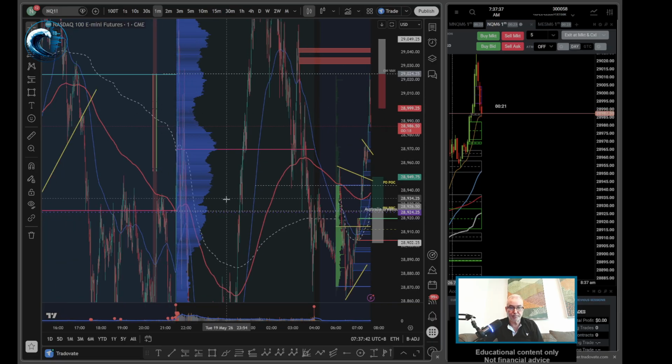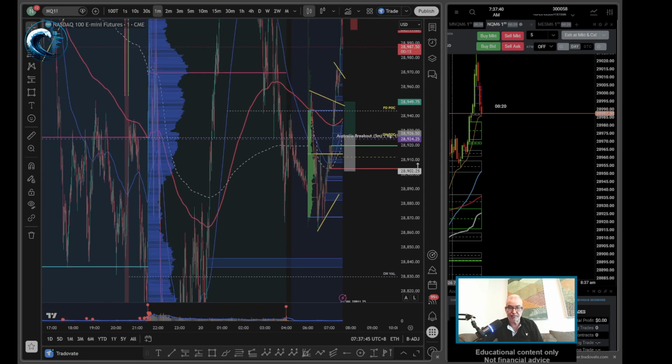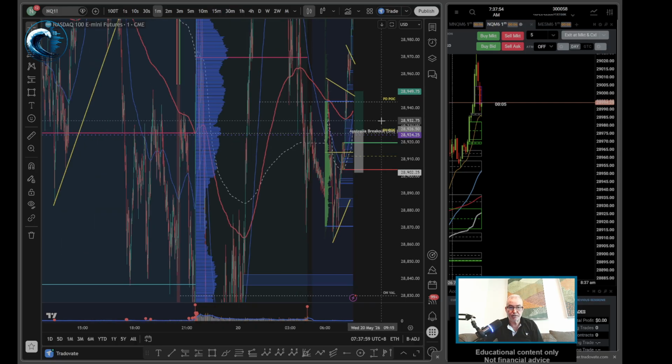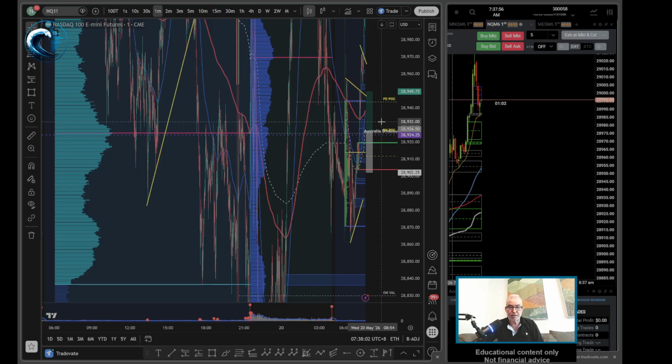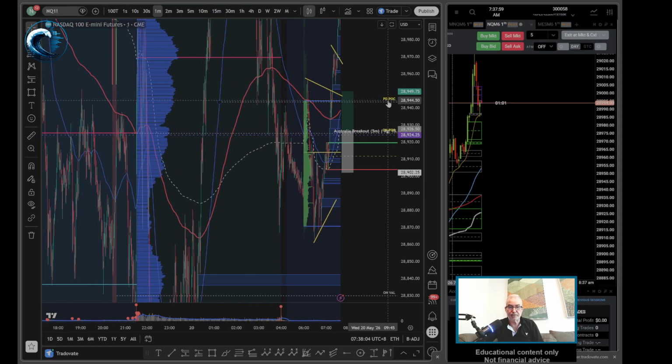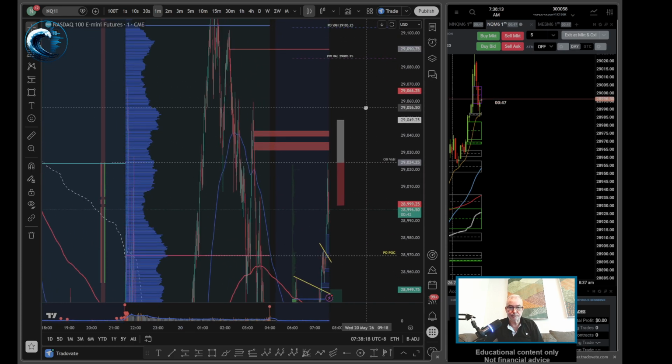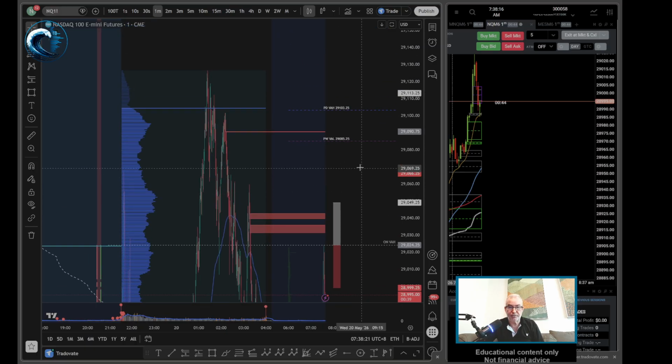Let's check all these levels while I'm here. I have done this, I checked this already, but overnight POC, yes. Hang on, what the hell's going on here? That's moved. Alright, hang on, let's do this properly.